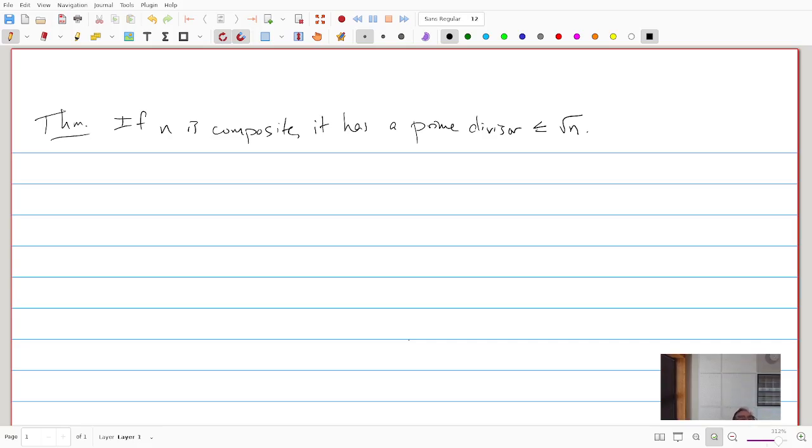Let's prove this. I also want to point out this statement is packing a lot into a few words. If we write it out formally in propositional logic, you'll see there's a lot there. It's a statement about all natural numbers n.